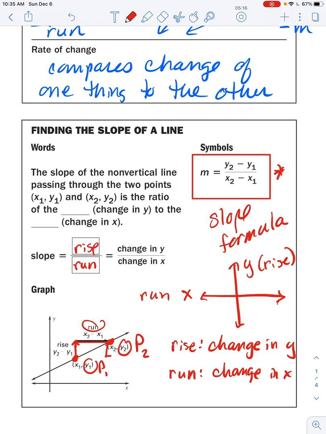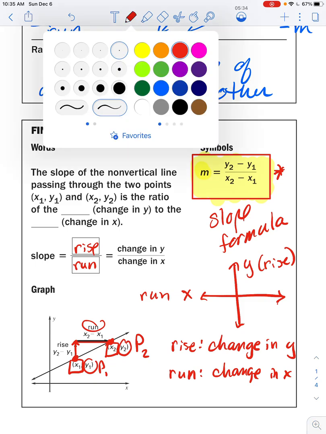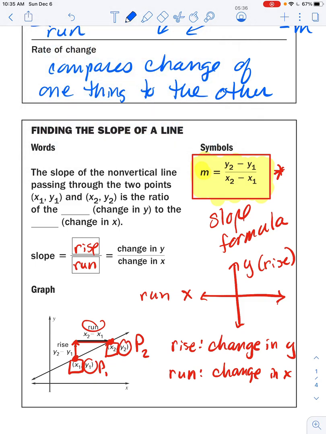So you would take the second one minus the first one, because if you're trying to figure out how much did the weight change, how much did the money change, you have to find the difference, which is subtraction. So I cannot emphasize enough how much you want to get to know this formula, and that's what we're going to be practicing the majority of the time today.